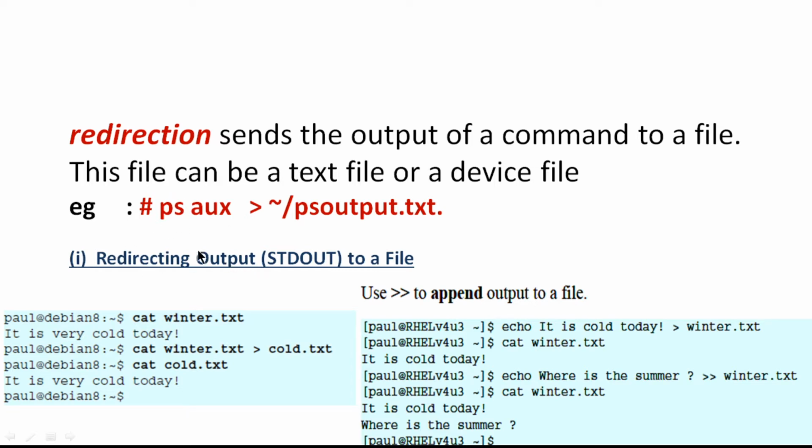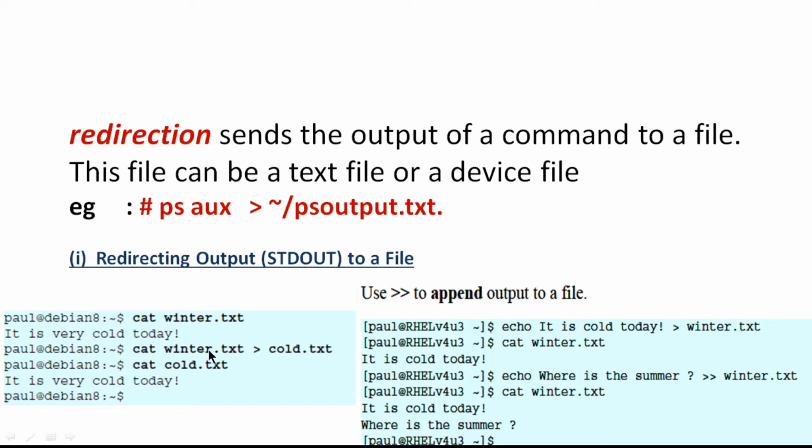Redirection can happen in a number of different ways. One is redirecting output to a file, so the output of a command can be redirected to a file. One example is already given here, ps aux greater than symbol tilde ps_output. Here you can see another example. I have run cat winter.txt, and the winter.txt file already has content: it's very cold today.